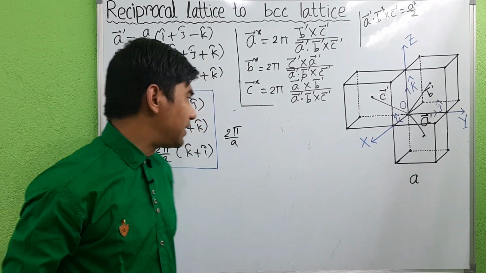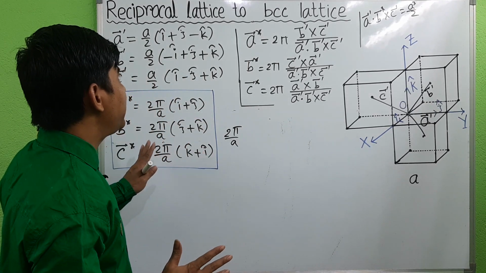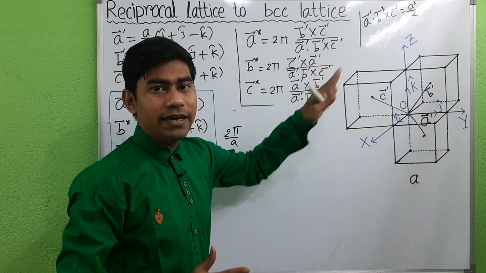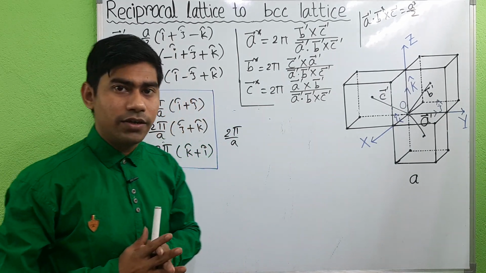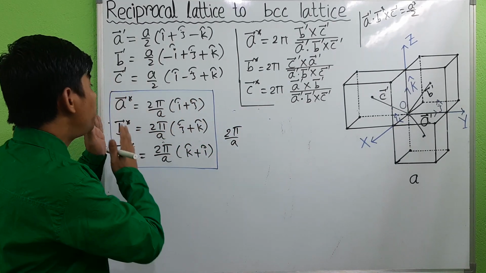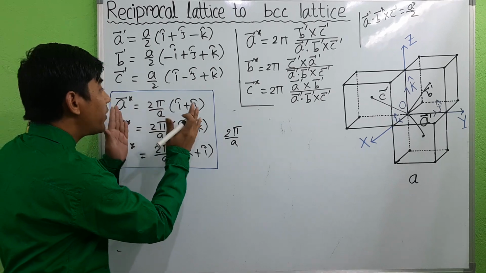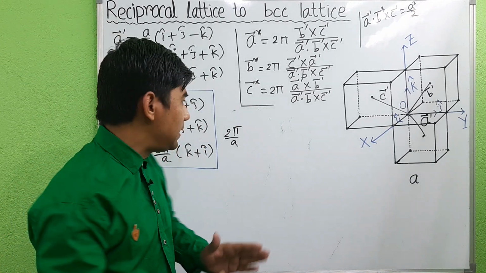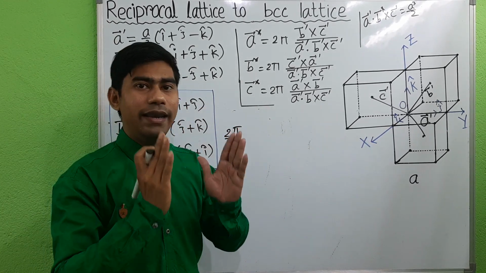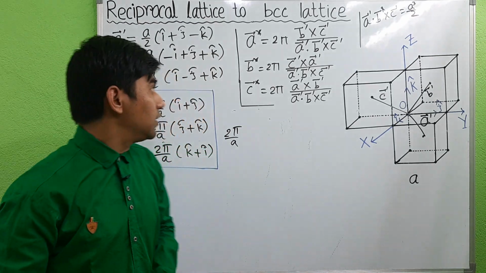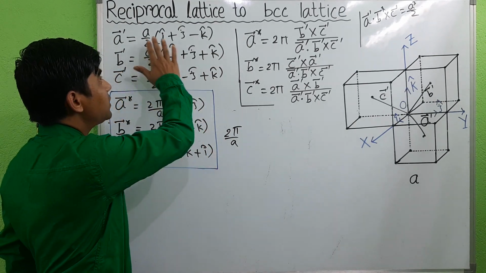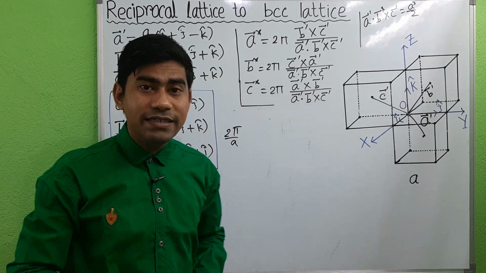So we can say that the reciprocal lattice to the BCC lattice is the FCC lattice. The reciprocal lattice to the body centered cubic lattice is the face centered cubic lattice. Thus we discussed the reciprocal lattice to the BCC lattice.